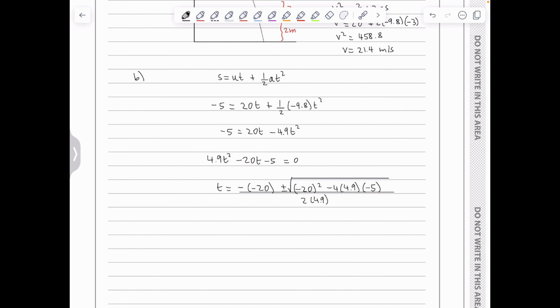Well, plugging this on the calculator, we get an answer for t which is 4.32, or alternatively t is negative 0.236. Well, t is time, so a negative value for t is not possible, so we reject this. We say it's not valid, and therefore we conclude that the time needed is 4.32 seconds.